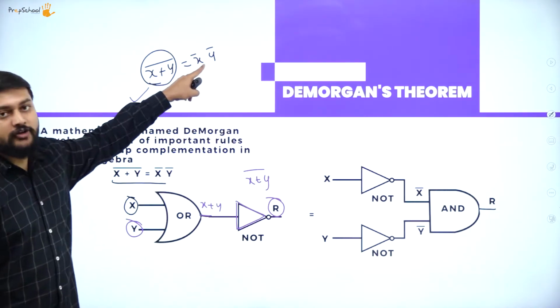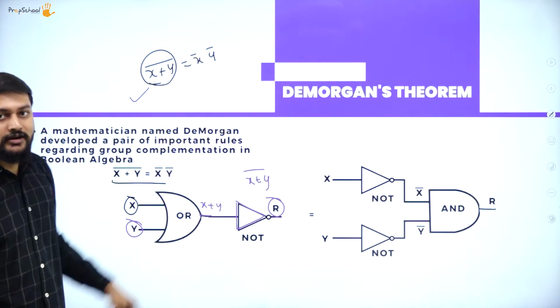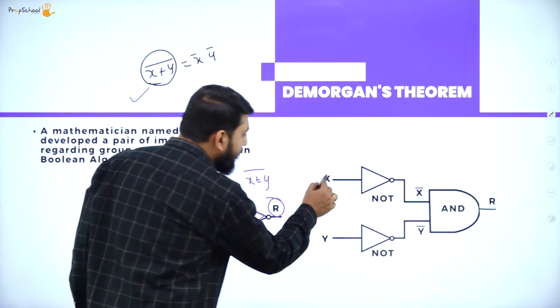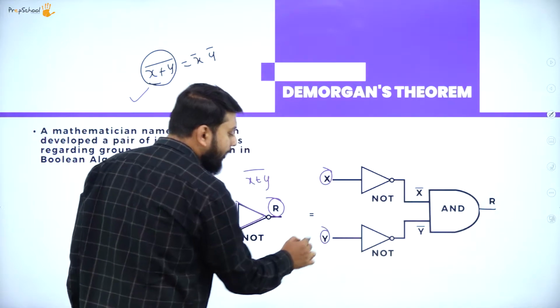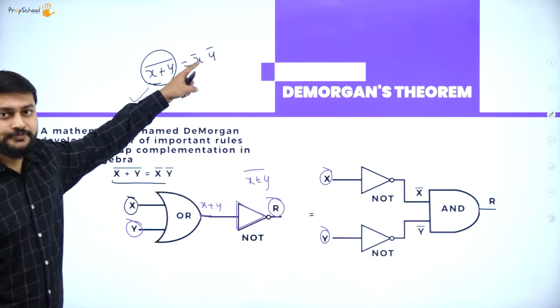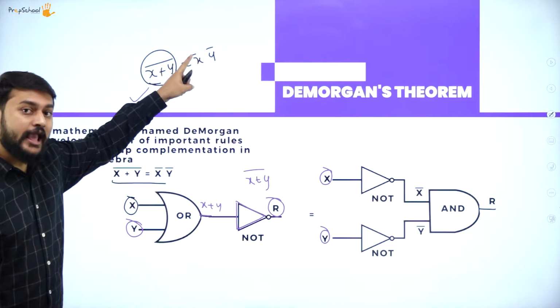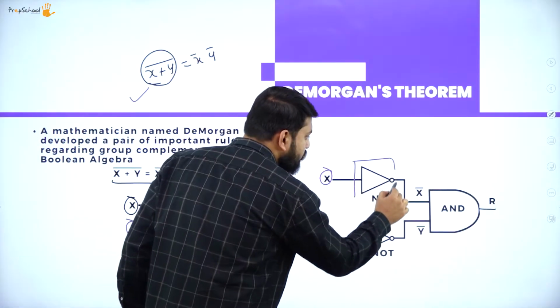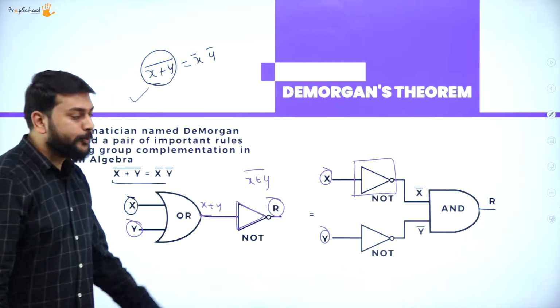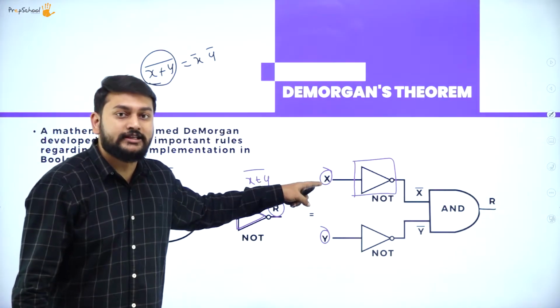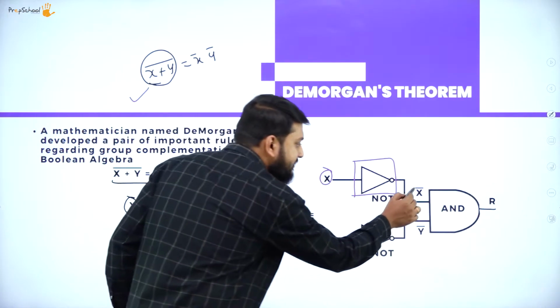I need to write the graphical symbol for the other part. Let's start writing this. I have taken the x, I have taken the y. But what do I need? I need x dash. For that reason, I am using the NOT gate here. Suppose I pass the input as x, the NOT gate will produce x dash.